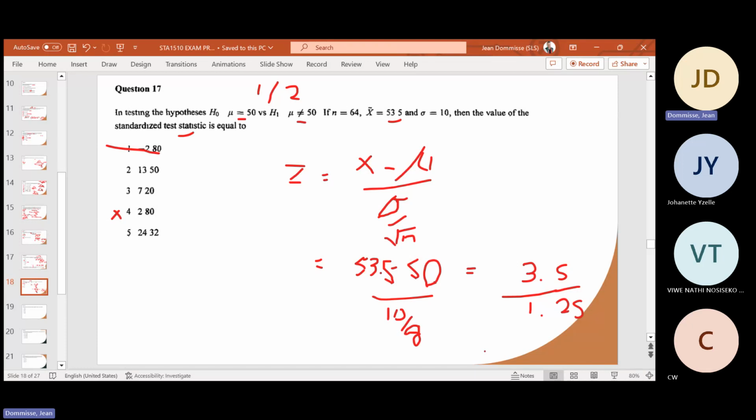And then the final answer is 2.8. Okay, so that is option 4. I just want to point out that if you swapped those two around, if you said 50 minus 53.5, you would have gotten option 1.